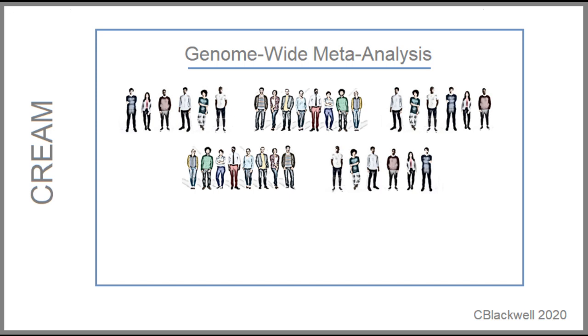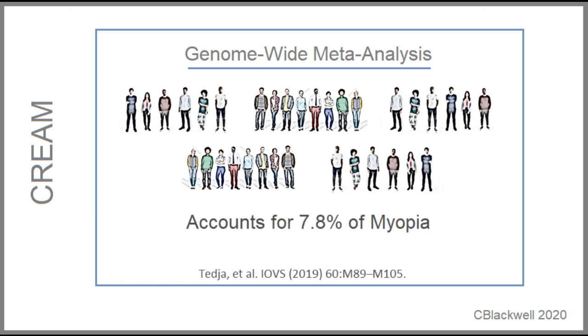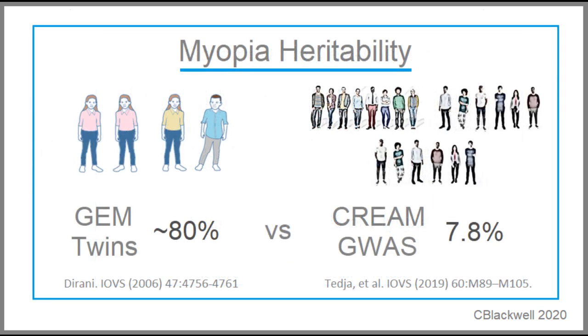For complex traits like height or myopia, identified SNPs generally account for only a small fraction of the phenotypic variation expected from twin studies. The 2018 CREAM paper, even with a combined data set, only accounted for about 8% of the variation in refraction. That compares to twin studies which found around 80% heritability.